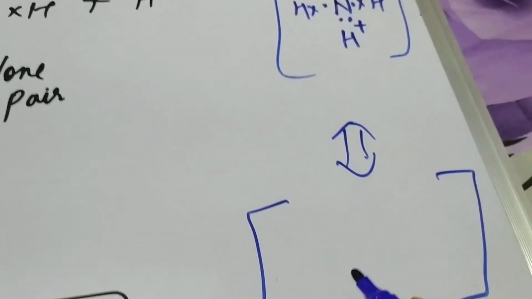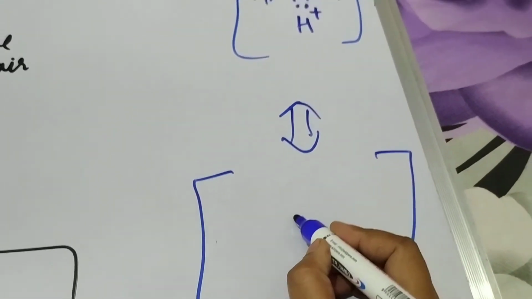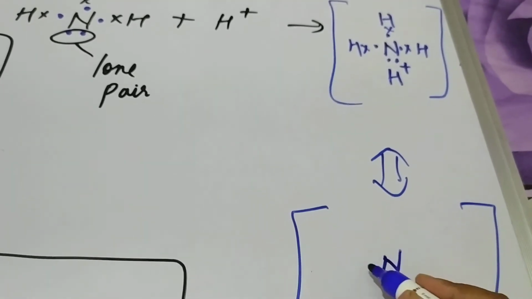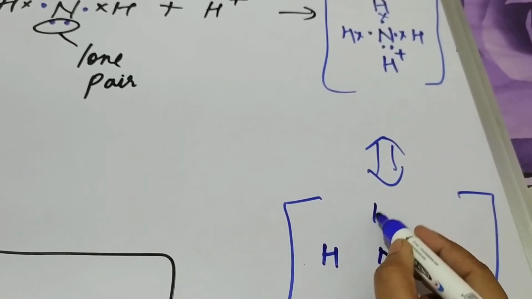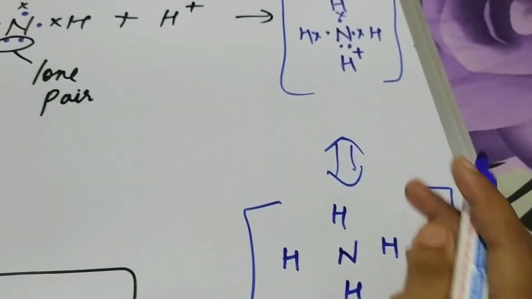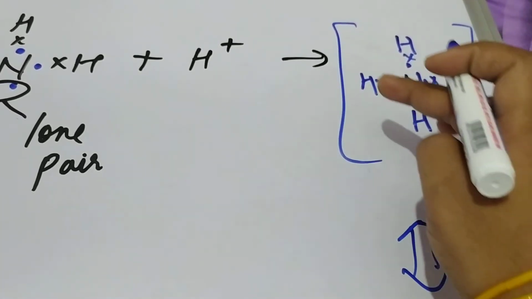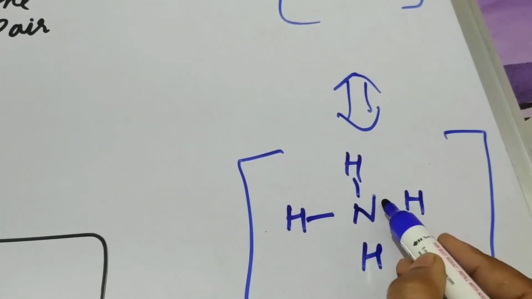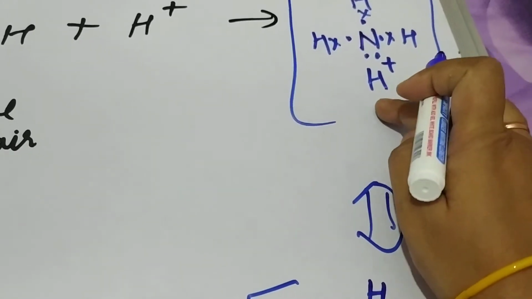Now we'll draw the bond structure of this ammonium ion. So we'll draw here nitrogen and 4 hydrogens. Now these 3 are bonded sharing 1 electron each, so there is a single covalent bond between each hydrogen and nitrogen, and this shows the coordinate bond.